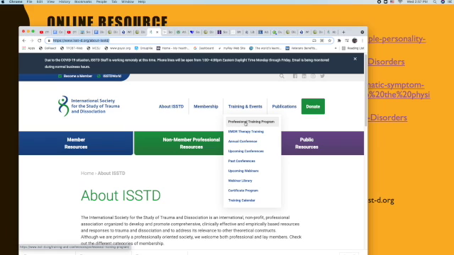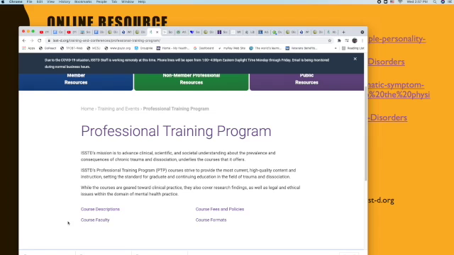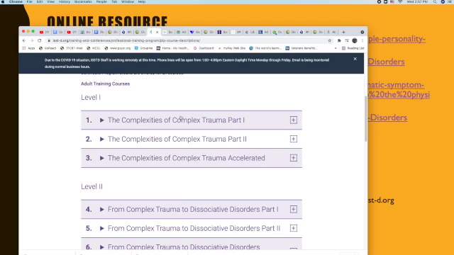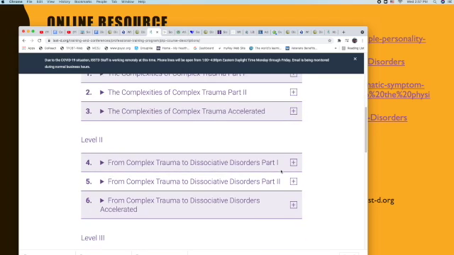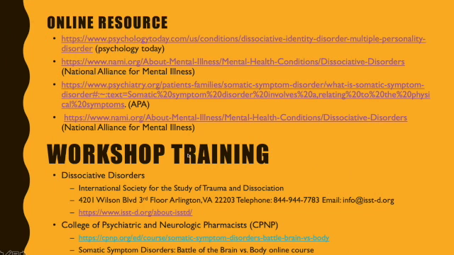Then we're going to go down to professional training programs, and we'll go through course descriptions. When you go down to course descriptions, here we are. Here's a level 1 adult training course where it talks about trauma. And then when you go into level 2 of this particular program, it goes into complex trauma and dissociative disorders.